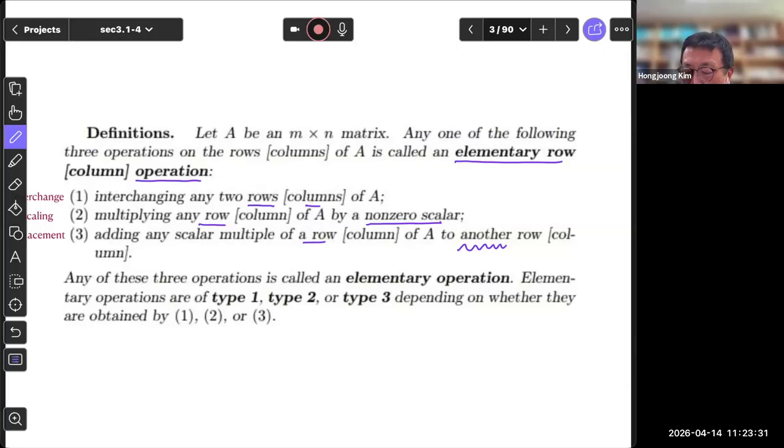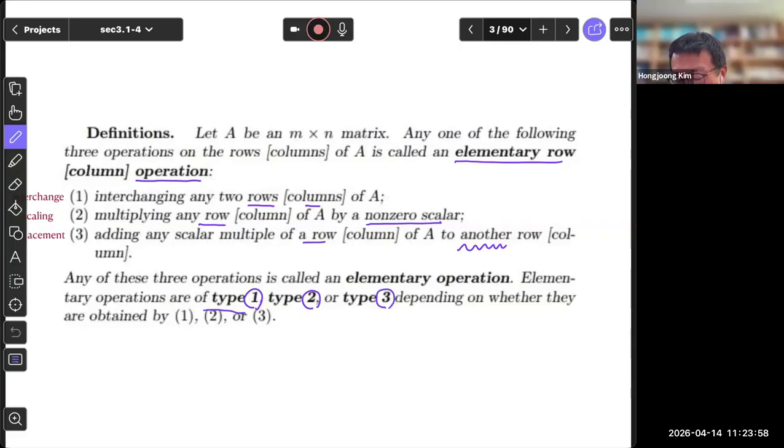That will be called an elementary column operation. The interchange operation will be called in this textbook the operation of type 1. The scaling operation will be called type 2, and the replacement operation will be called type 3.